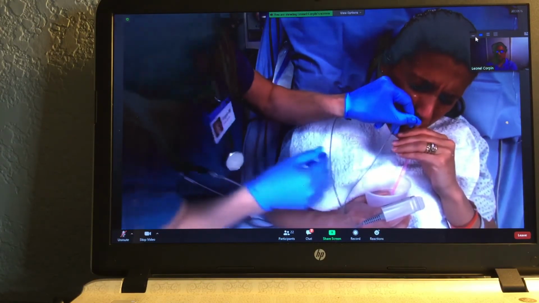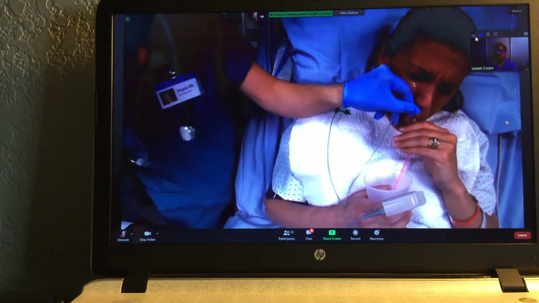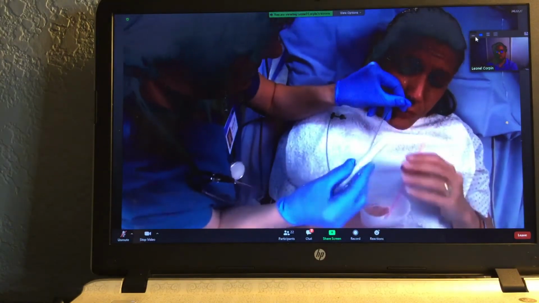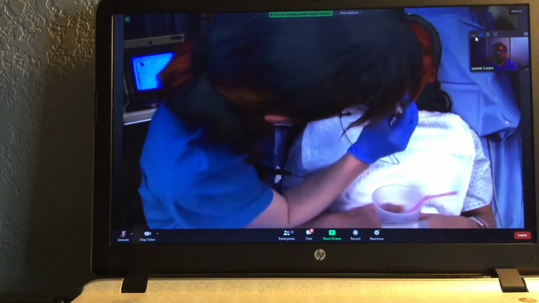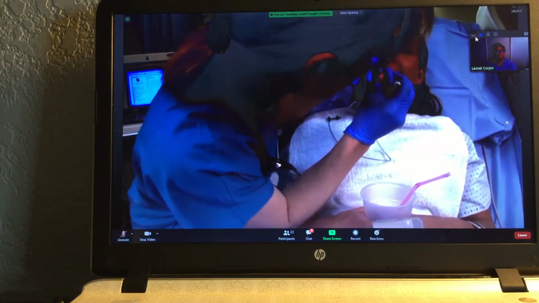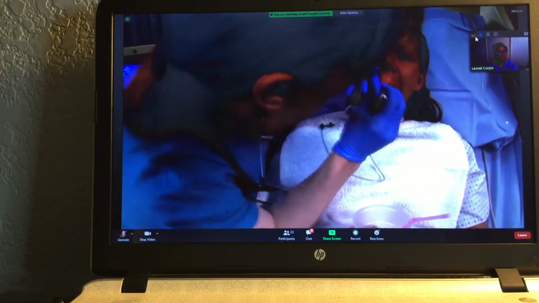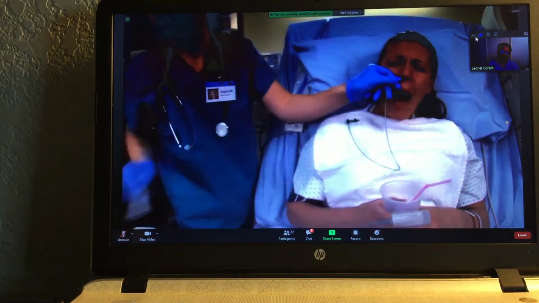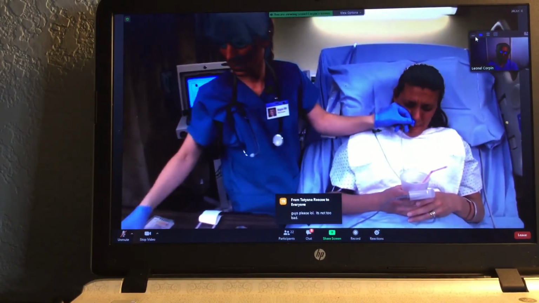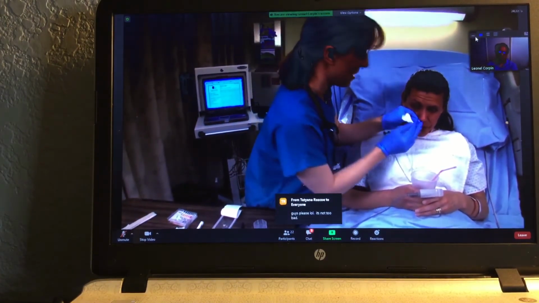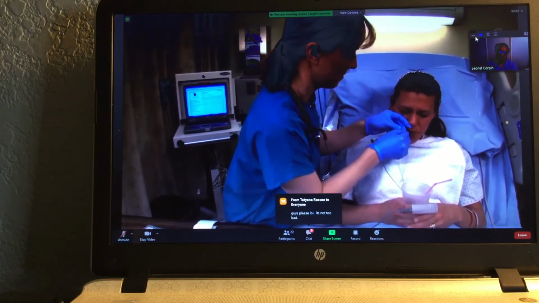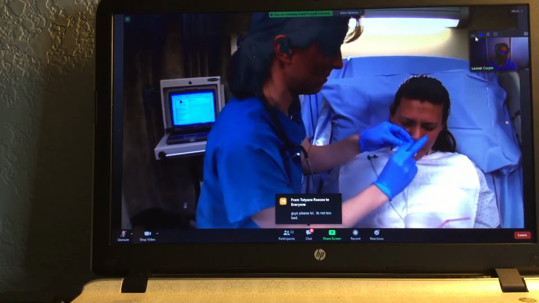Use a tongue blade and pen light to look at the back of the client's throat. Okay, can you open your mouth and say a big ah for me? Say another big ah. Sometimes the tube becomes coiled or kinked in the client's mouth. If this happens, pull back until the tubing is taut and then reinsert the tube.